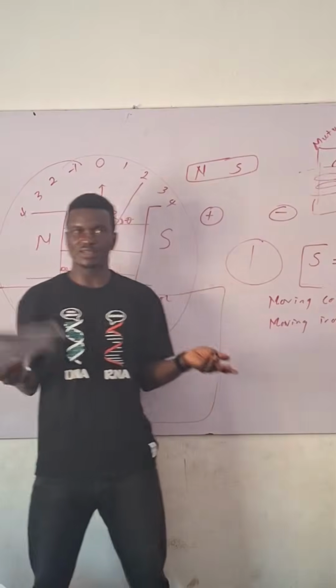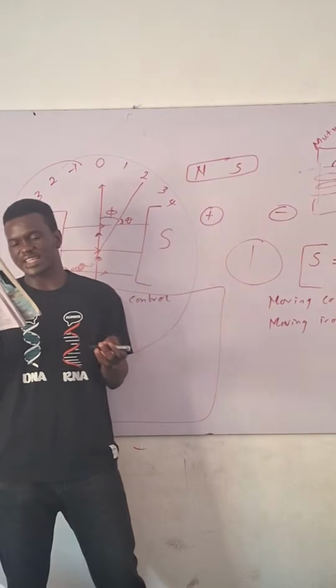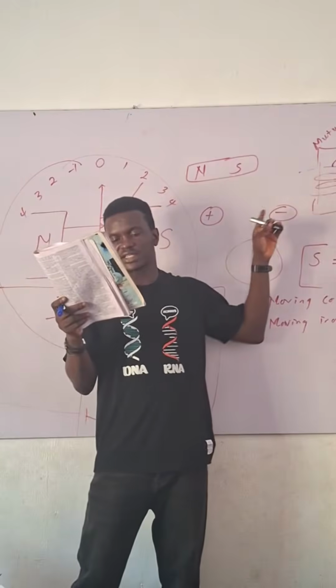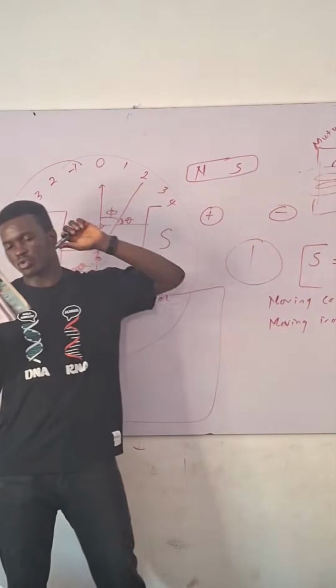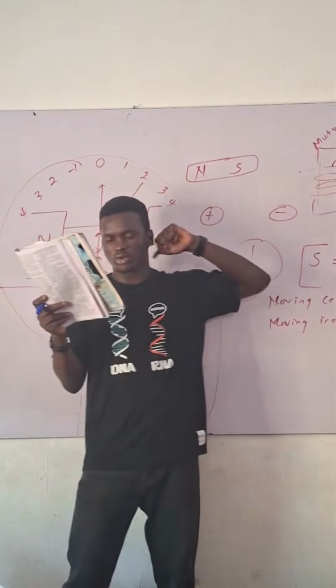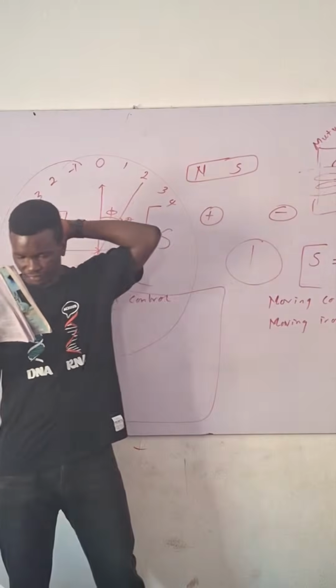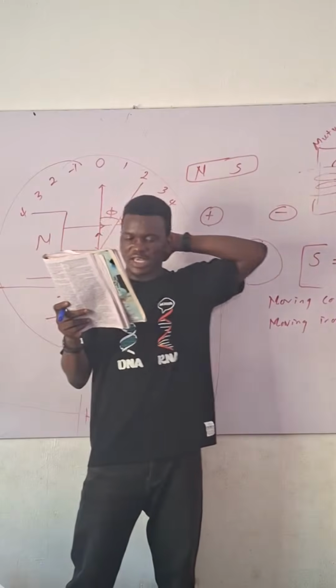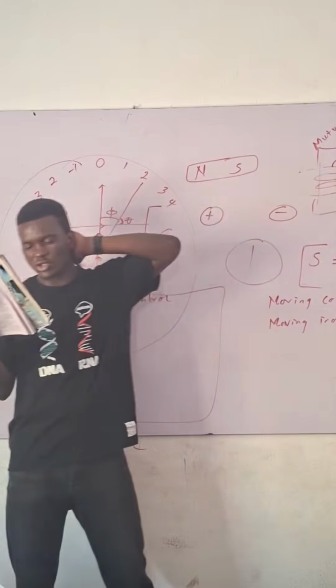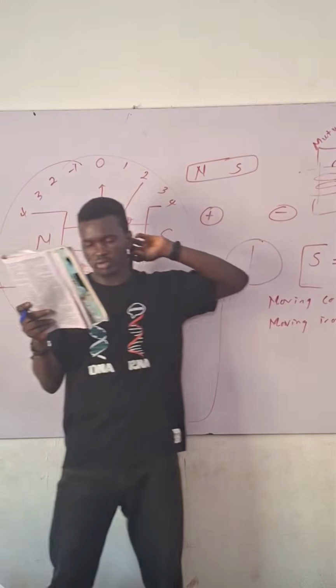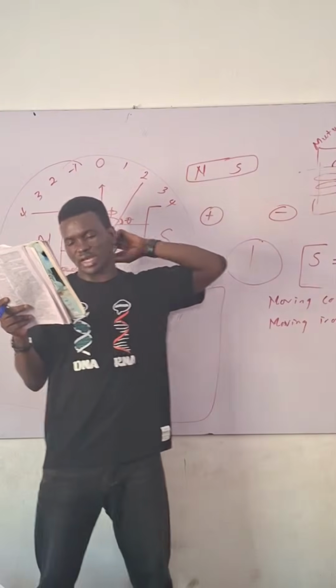Abby, that's still correct. B, the Earth's magnetic field has a south pole near the geographical north pole and the north pole near the geographical south pole. Is it the one that is not correct?